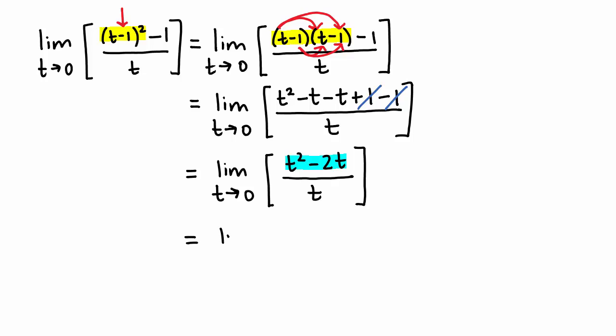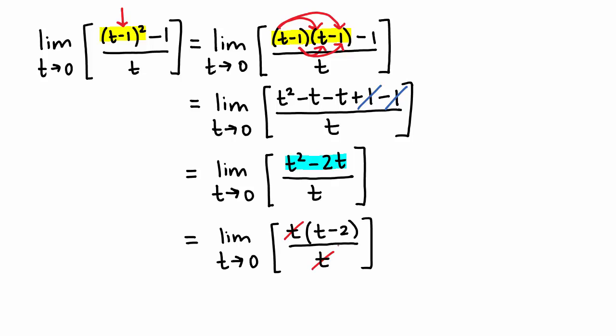That gives me the limit as t approaches 0 of, now I'm just going to pull out that t because that's common to both the t squared and the minus 2t. And I'm left with t minus 2 on the inside, all over t. And what that does is creates a situation where I can cancel the t on the top with the t on the bottom. And there you go, my friends.